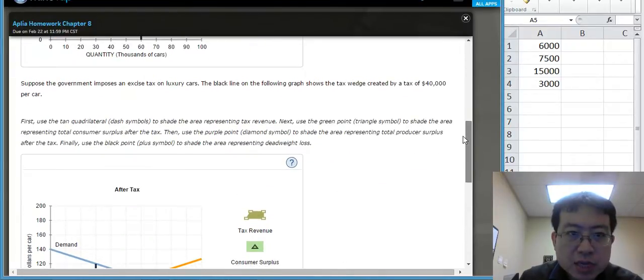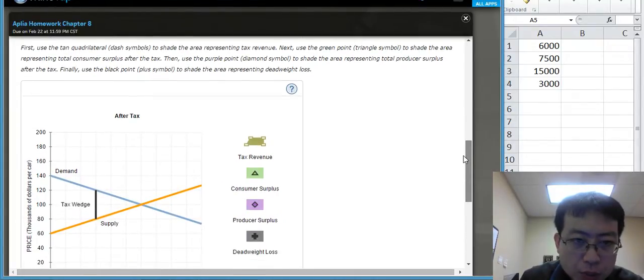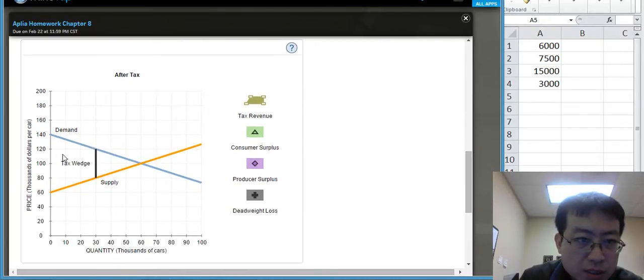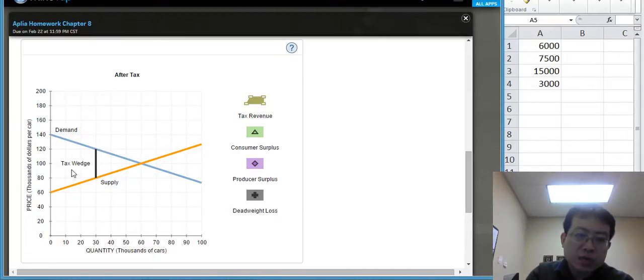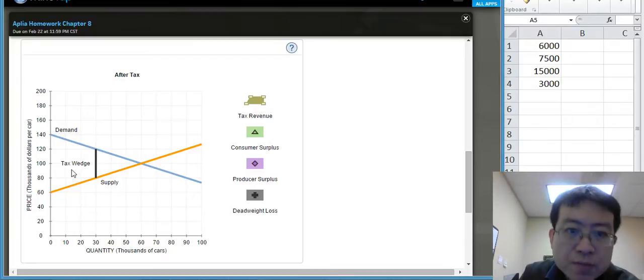And then for the second one, suppose the government imposed a tax of $40,000 per car. Now let's show our new graph. Once the tax is imposed, this tax wedge shows on the upper point the price the buyer pays, and on the lower point, touching your supply curve, the price or revenue the company receives.